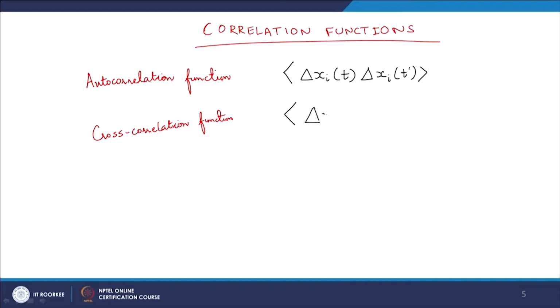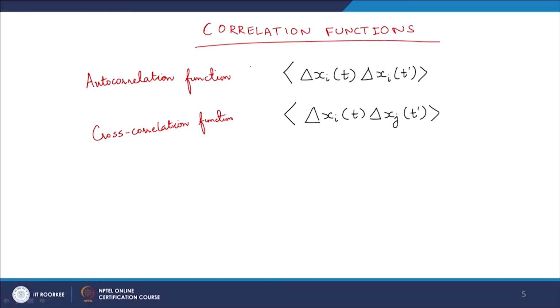The cross correlation function is essentially the same, except that it is defined for two different properties. Let us call them delta xi and delta xj, two properties at two different times, and I can call this C_ii(t, t prime), and I can call this C_ij(t, t prime).